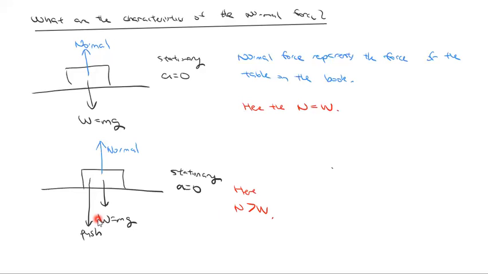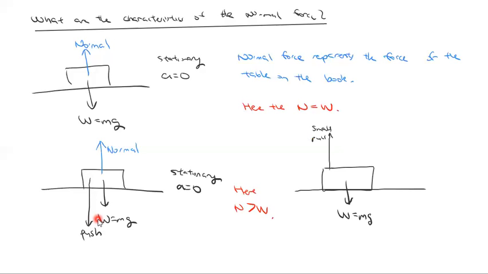And let's hypothetically imagine that now you attach a string to the book, and you pull up on the book. So you still have weight, and this time you decide to pull up on the book slightly, a small pull, but not hard enough that the book will lift off the table, right?